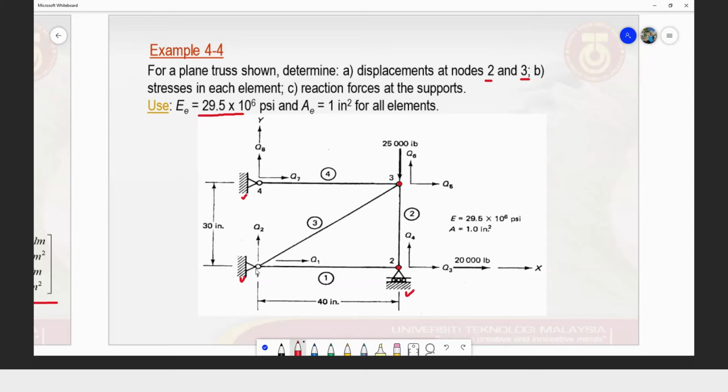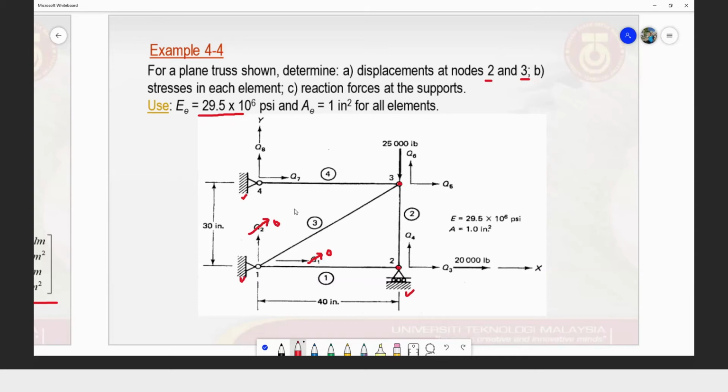So at point number 1, the support is resembled as a fixed support. That means there will be no displacement at all at point 1, both in the x direction and in the y direction. So just straight away put it like this in your exam or test paper.